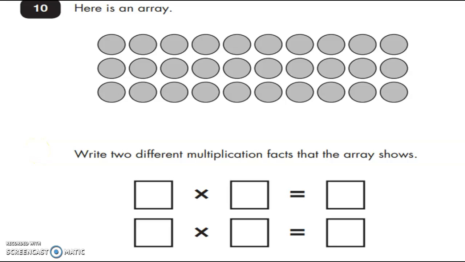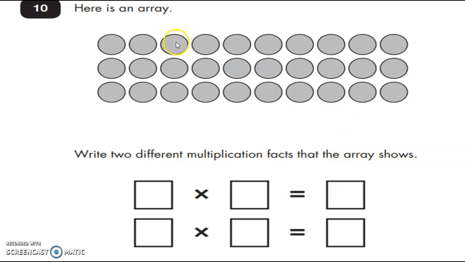So here we have another question. This one is asking us to look at something we haven't quite looked at yet, which is multiplication. The way we look at these, we use an array to help us. So this is an array, and it's basically a load of 1s. It says write 2 different multiplication facts that the array shows.